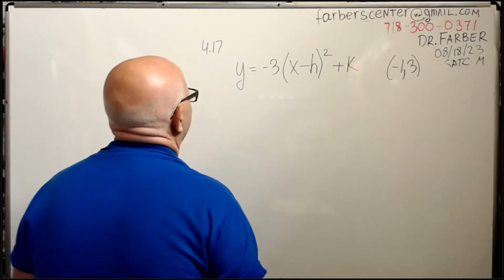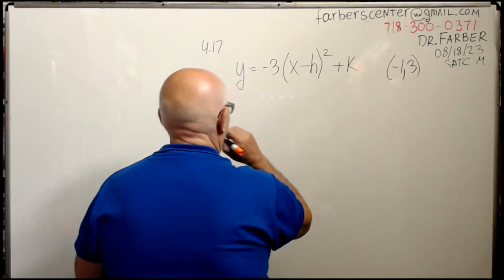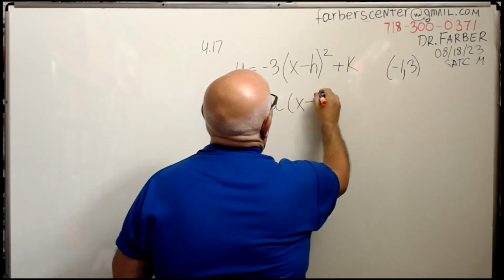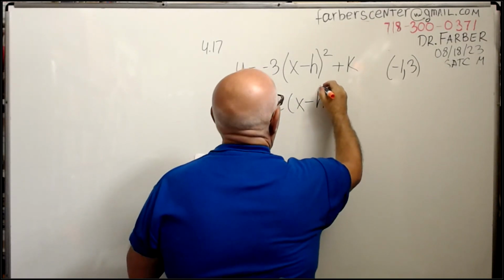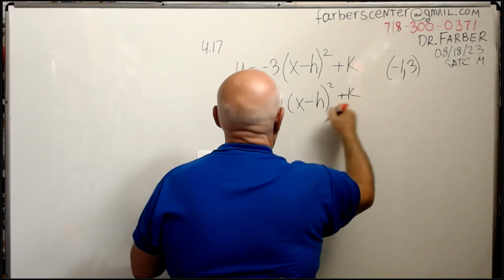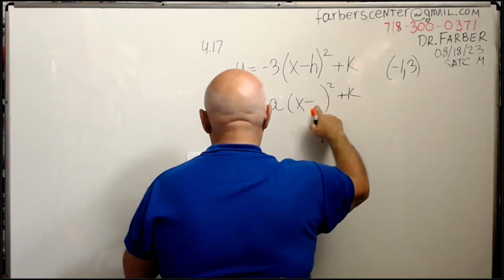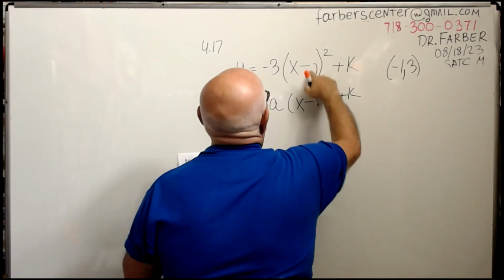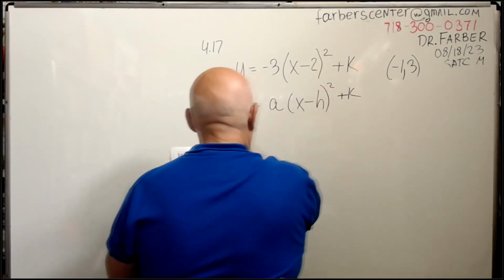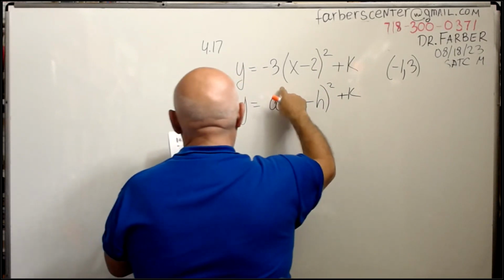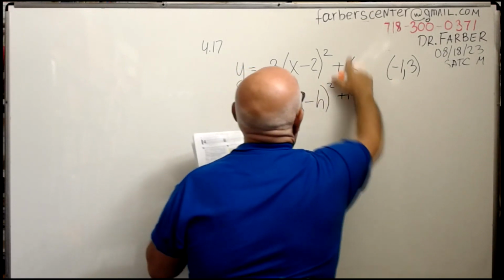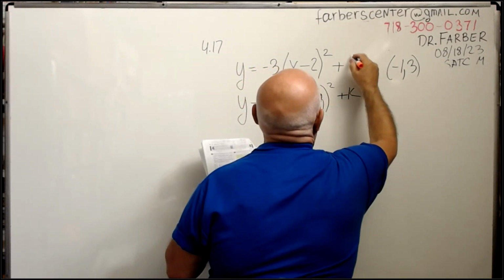Well, just write the equation of a parabola in general form. It would be y equals a times (x minus h) squared plus k. I believe this is not h, this is 2. Did I write correctly? y equals -3 times (x minus 2) squared plus 2.